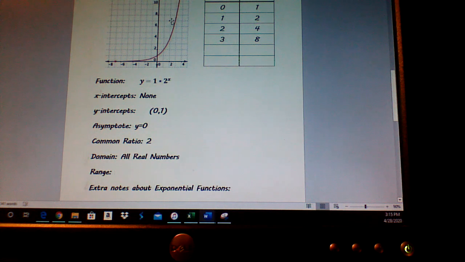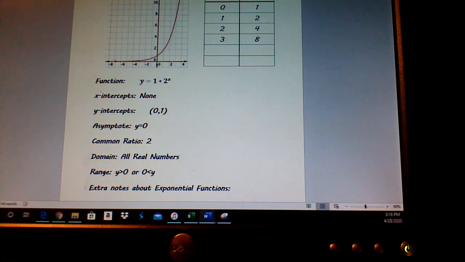So my range is going to be y is greater than 0. Now I could also write it like this: 0 is less than y. Again, both of them are exactly the same. The key is having the opening facing the y, telling me y is greater than 0.